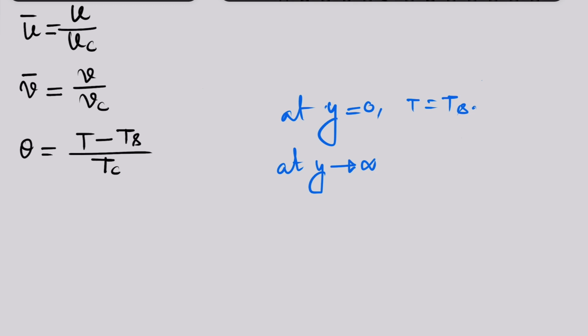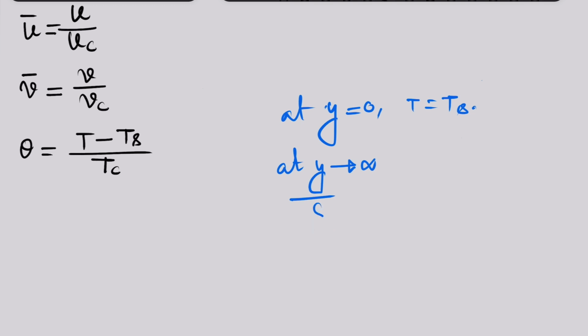And if I say that my y bar, my y by yc, is tending to infinity, that means my y is much greater than yc, and this yc we know is delta.